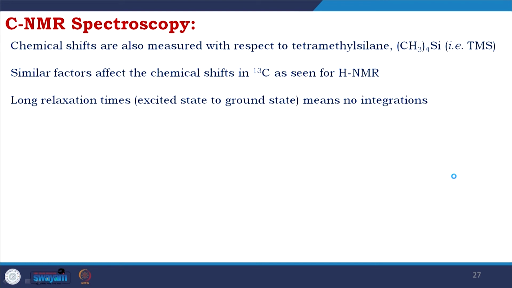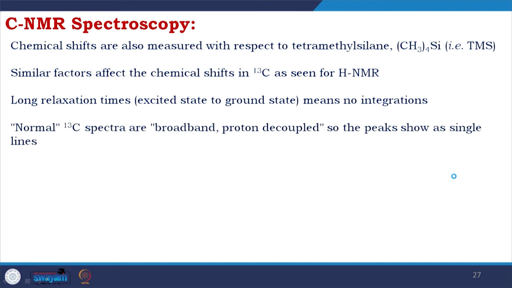Long relaxation times, excited state to ground state, mean no integration. Normal 13C spectra are broadband proton decoupled, so the peaks show as single lines. The number of peaks indicates the number of types of carbon.